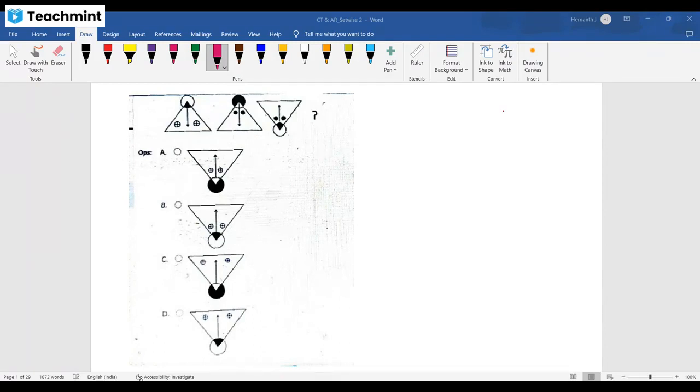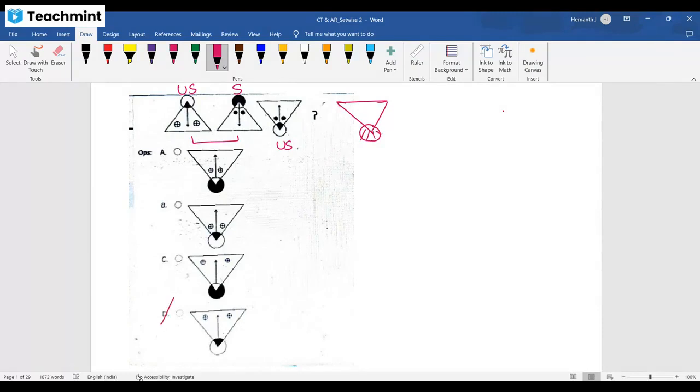Here, the unshaded part should be shaded, and shaded as unshaded. The shape is not disturbed, same shape. So same shape is required, but this is to be shaded.